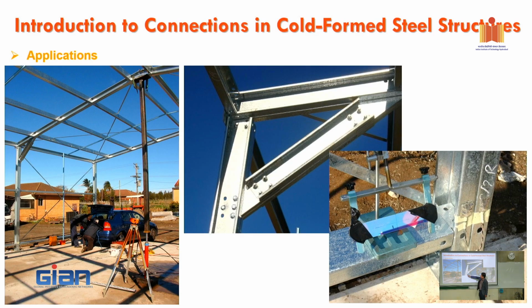We use the build-up section, back to back, and then between that, we use a lot of bolting together. So it's very light. Normally here is 200 millimeter depth or 150. The thickness is roughly 1.9 or 2.4. And that's what we use for the knee connection and apex connection on the top.